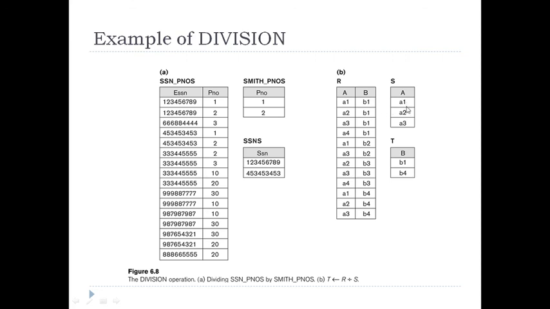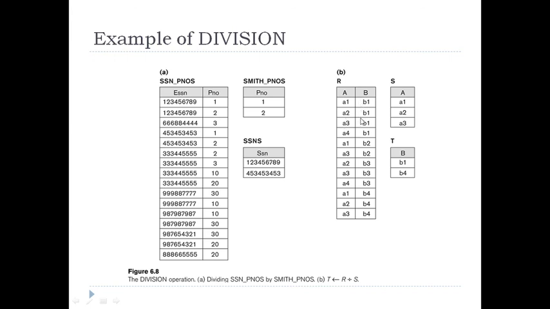Now if I take the second example, R and S, R is having A, B, and S is having attribute A, and the values in S are A1, A2, A3. Now see here whether B1 appears with these three values. B1 with A1 is there, B1 is with A2, then B1 with A3.